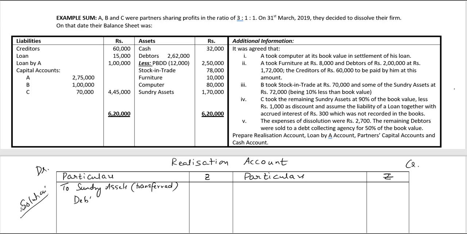Debtors 2,62,000 rupees. Stock 78,000 rupees. Furniture 10,000 rupees.